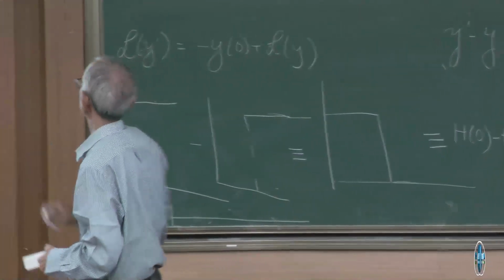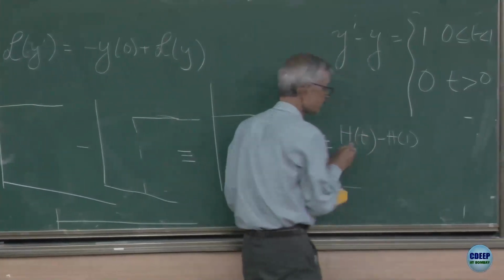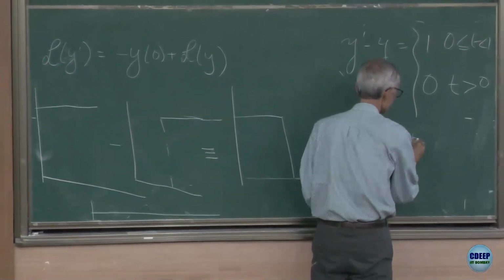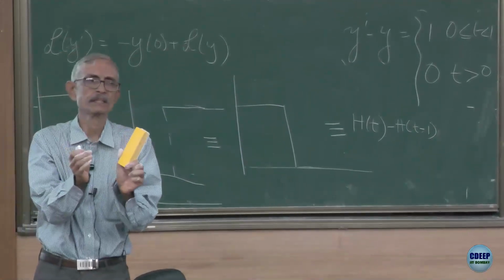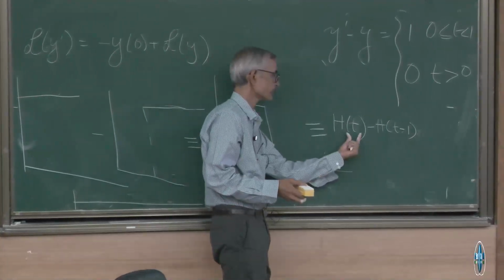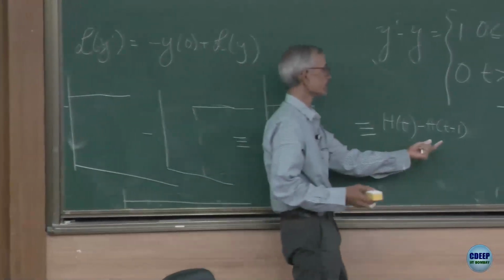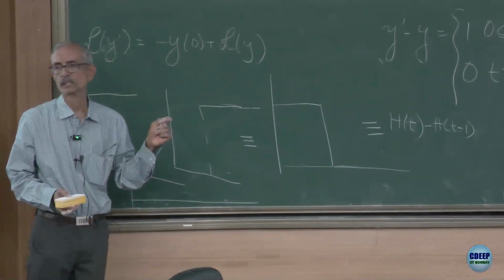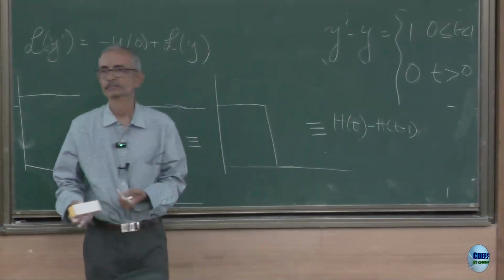So the right hand side, I'm going to write as Heaviside 0 minus Heaviside 1. Heaviside 0 is Heaviside t, because I make whatever is inside the brackets equal to 0. Heaviside 1 means it is t minus 1. So Heaviside 0 is this function here, and Heaviside 1 is this function here. This guy minus this guy is equal to this guy.